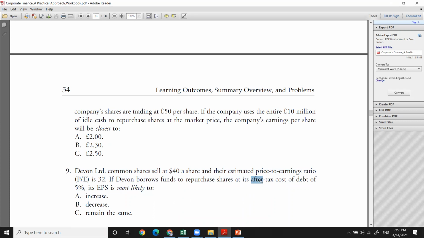If it was before tax cost of debt, definitely it's not 5%. If it was, let's say, 40% tax, then 5 times 40% should be subtracted. Let me just calculate with my phone.